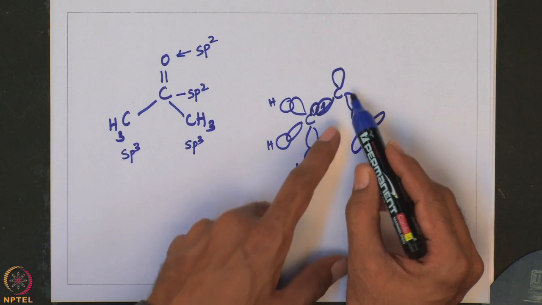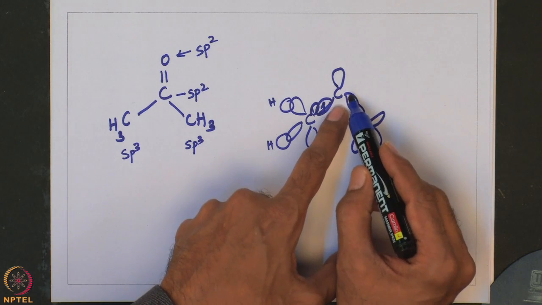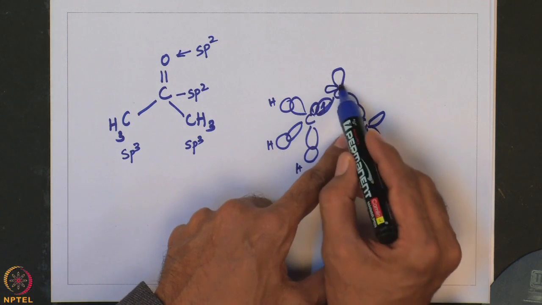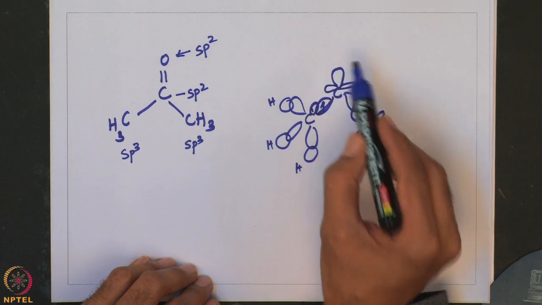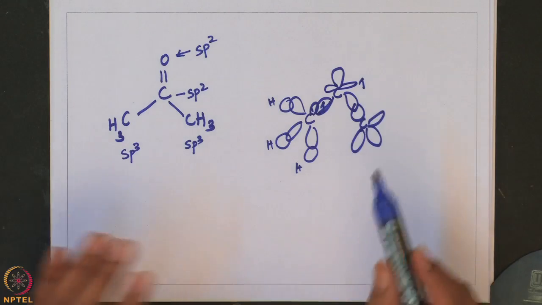Okay. So, here this carbon has undergone sp2. So, it has 1 electron here in one of the p orbitals, and then oxygen also has undergone sp2 hybridization.